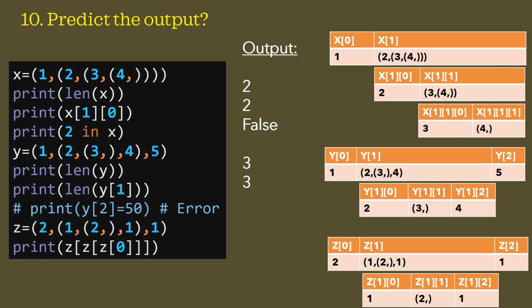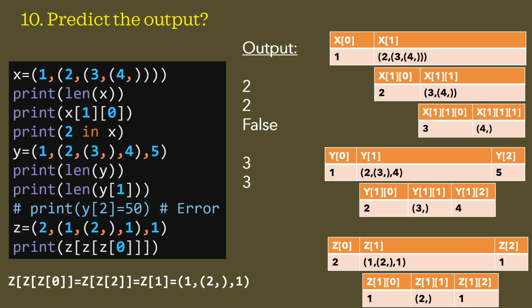Then z of 2, the last element of this tuple z, is 1. Since z of 1 is again one tuple, we can index it like this: z of 1 0 is having element 1, z of 1 1 is having one tuple, that is 2, and z of 1 2 is a single value, that is 1.